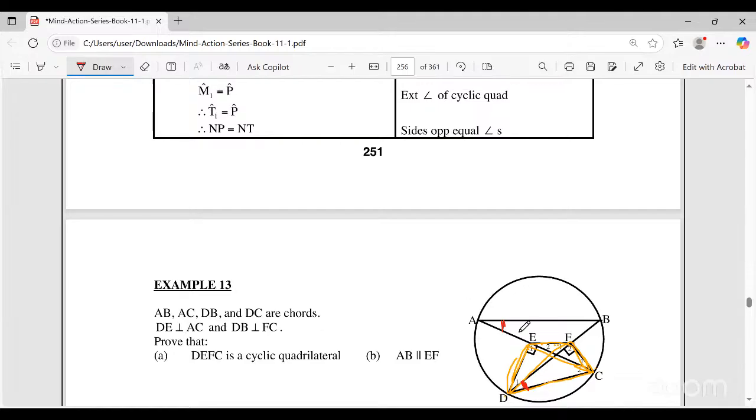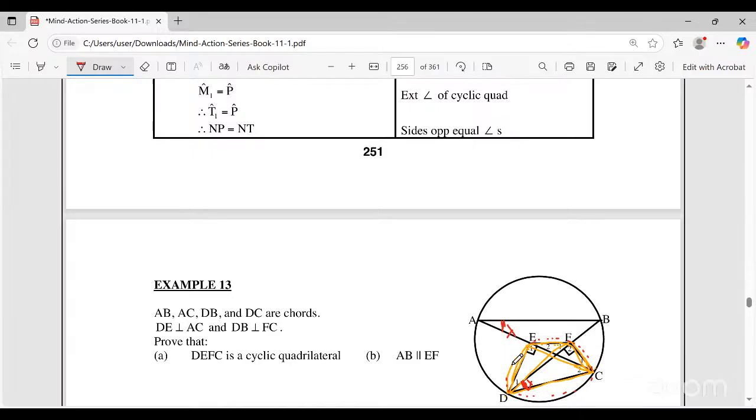Okay, let this angle be x, that angle will be x as well, the reason being angles in the same segment. Then now we come to this small cyclic quad here, whereby we have this imaginary circle.